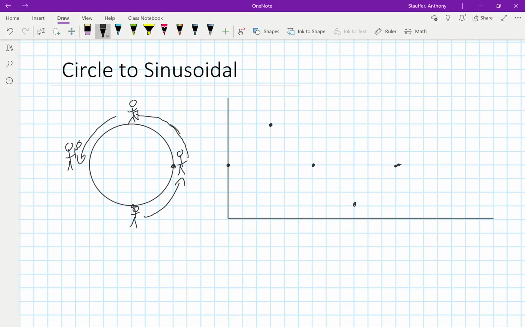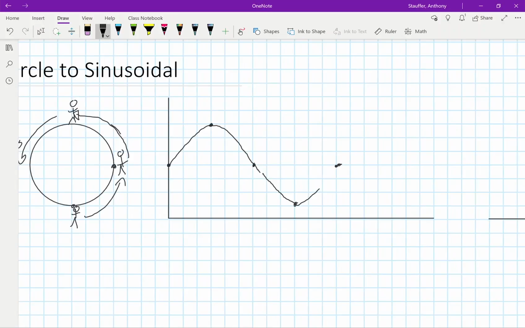So now what I want to do is find a way to plot that motion. So I'm going to connect everything. Now this isn't the best way that I can explain it, but it's good enough and it's the simplest. We're going to use curves because I'm moving in a circular motion here instead of just a direct motion. So I'm going to attach right there, and then I'm going to attach right there, and then we go down right there, and then we connect up right there.